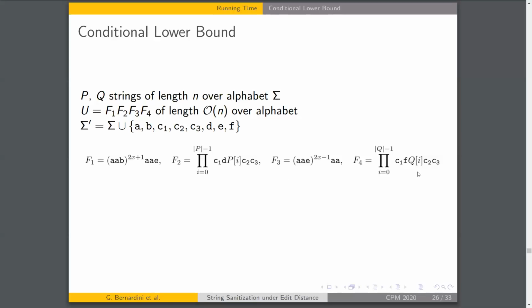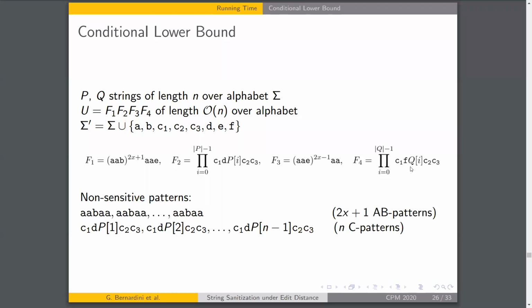And then finally we have a string that looks a bit like F2, but now with the letters of Q. So we define the non-sensitive patterns to be A, A, B, A, A. These are patterns from F1. And also C1, D, and then a letter of P, C2, C3. We take these from F2. And we say that all other patterns in U are sensitive. So almost all patterns are sensitive.